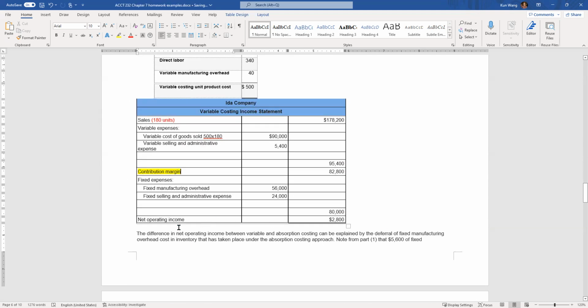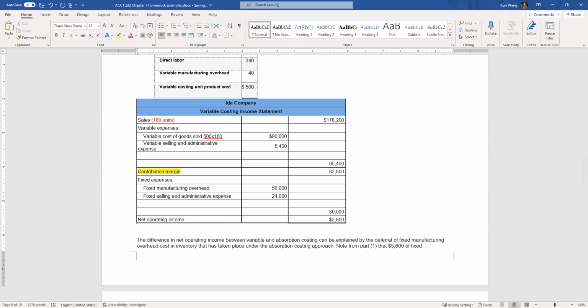So if you want to reconcile the difference, we have 2,800 here, and the difference is the fixed manufacturing overhead absorbed by the finished goods inventory under the absorption costing.